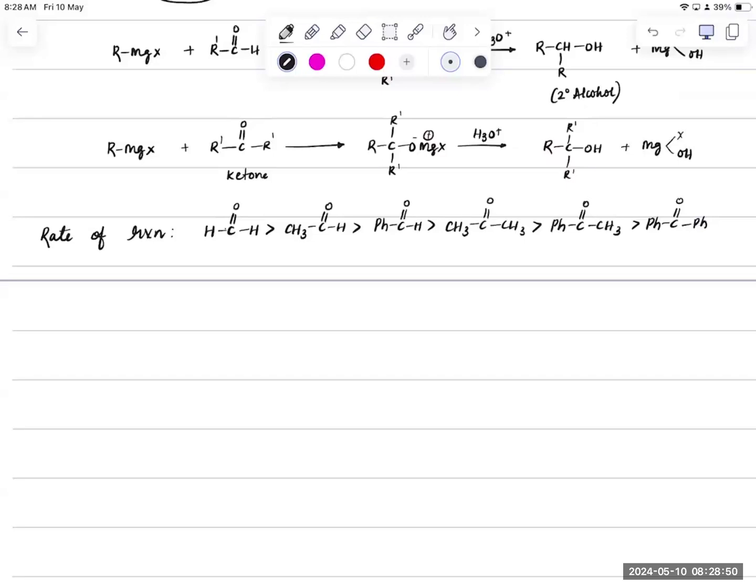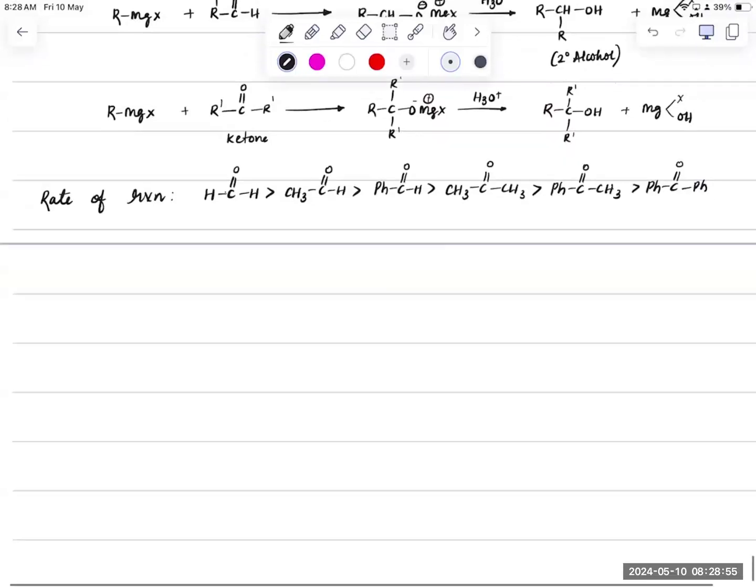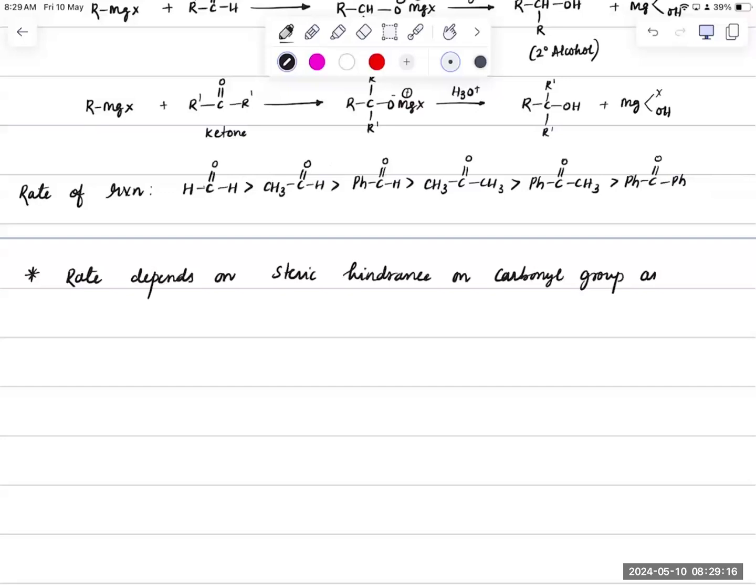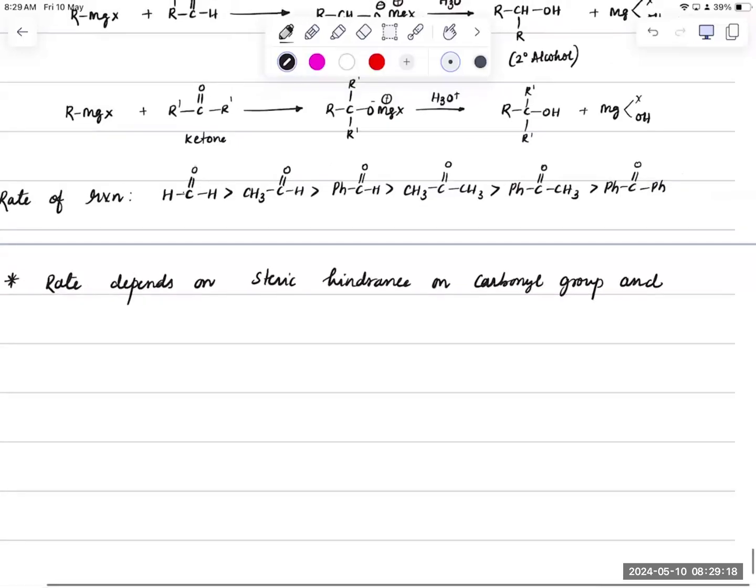So rate of reaction mainly depends upon how much steric crowding it has, right? So rate depends on steric hindrance on the carbonyl group and plus side and electronic effects.